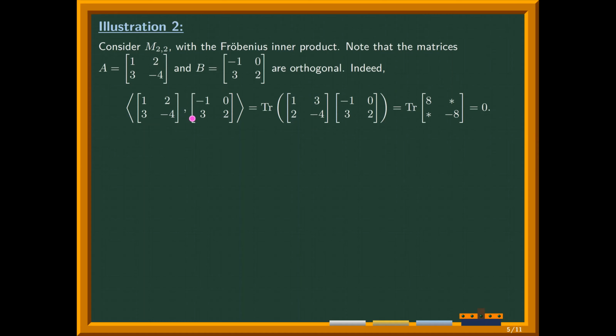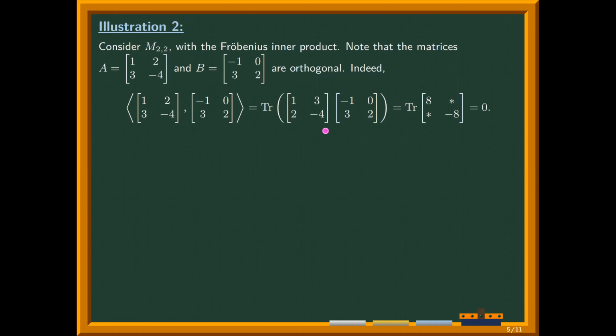Okay? So the Frobenius inner product, recall, is equal to the trace of the transpose of the first matrix multiplied by the second matrix. So this is the transpose of this.